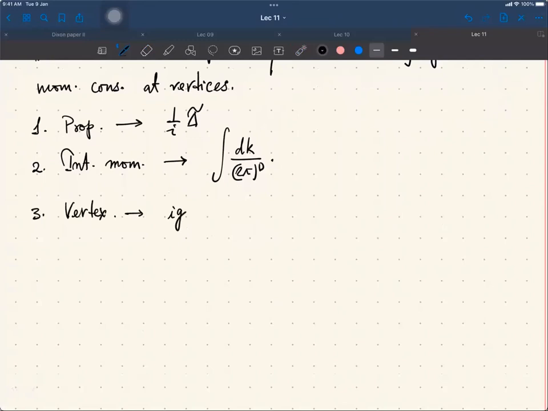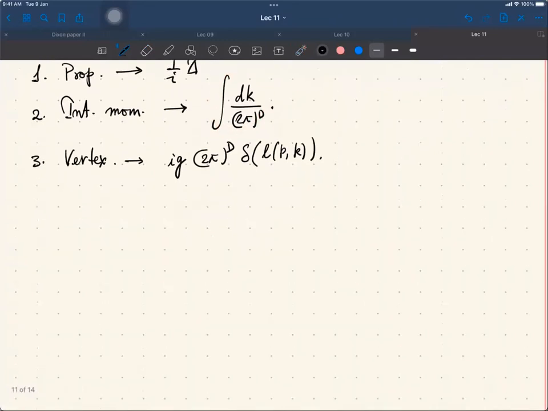In the previous rule, that was all, but now, since we have introduced internal momentum integrals, we have to introduce the delta function. So that is 2 pi to the power d delta L of p comma k, where L is a linear combination of external and internal momenta that must vanish due to the momentum conservation.